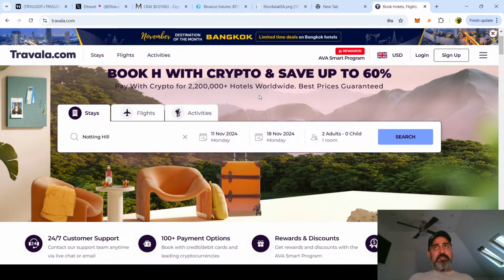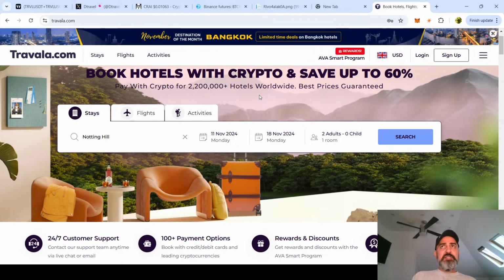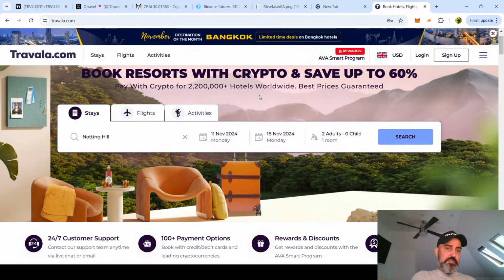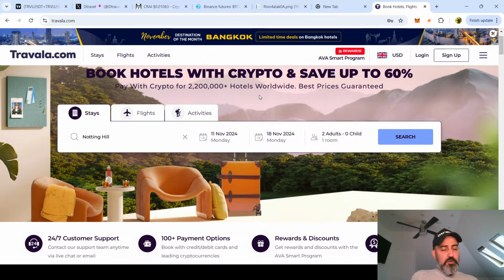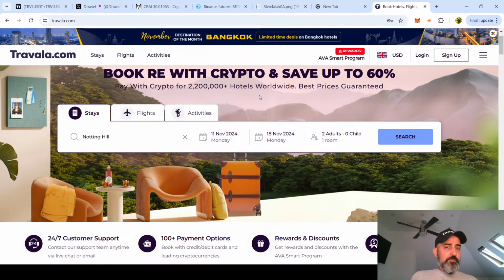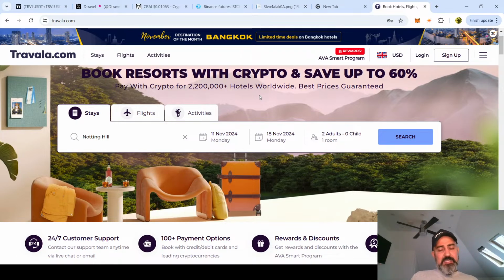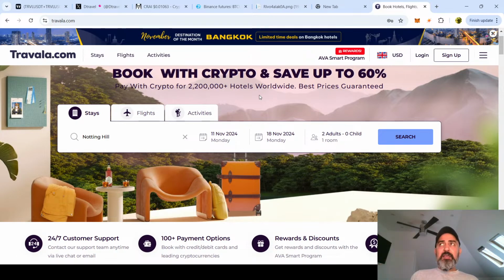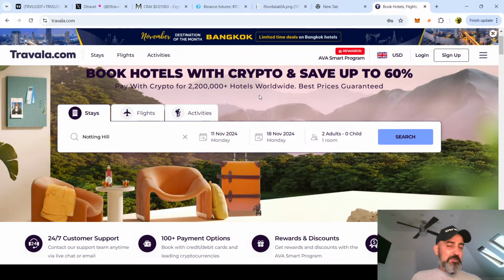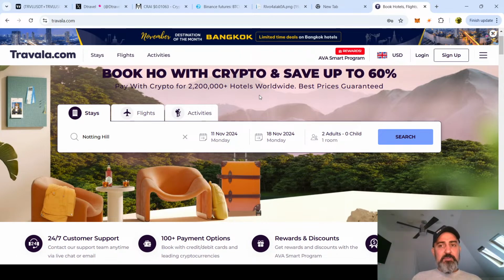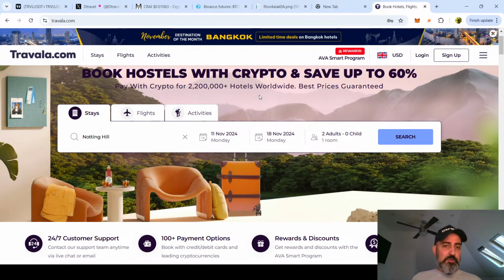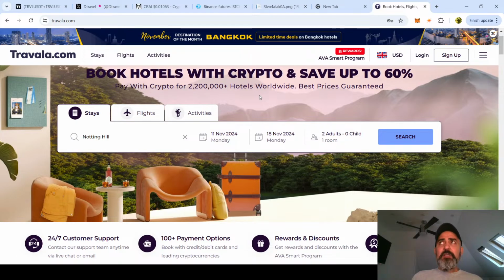Some of the people from Travala moved to Dtravel, some of the technical team, some of the investors. A lot of the investors are invested in both, but they see Dtravel as more of a Web3 purist application, because it's peer-to-peer and because it's meant to be a DAO, a decentralized autonomous organization. So that's kind of how it happened.